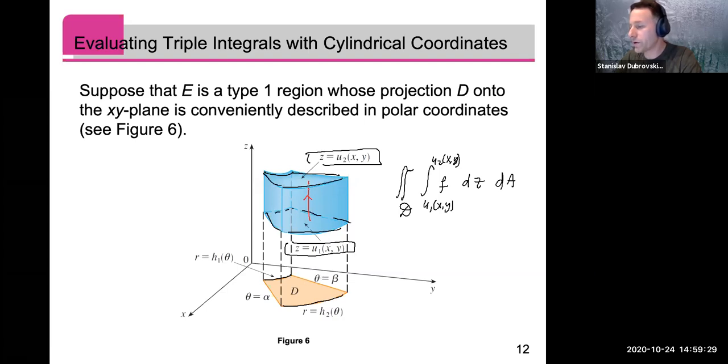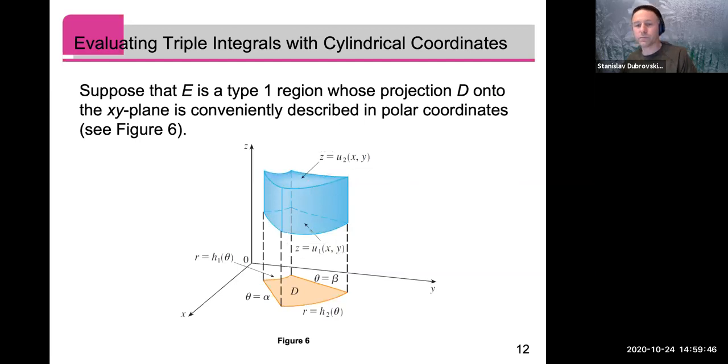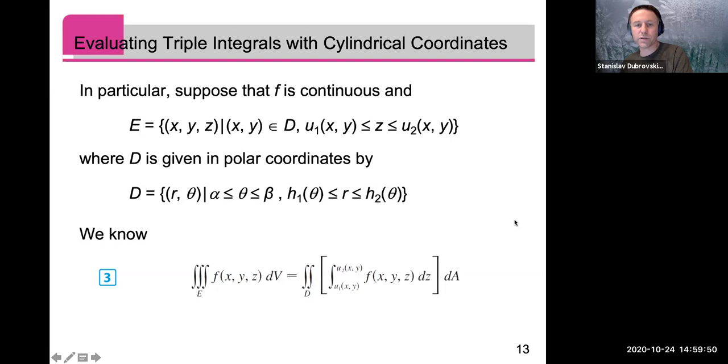This way it's a curved circular sector, and that's convenient to take in polar coordinates. So polar coordinates in the xy plane together with z means that you're dealing with cylindrical coordinates here. That's the typical scenario, and we will calculate such a typical case in a second.